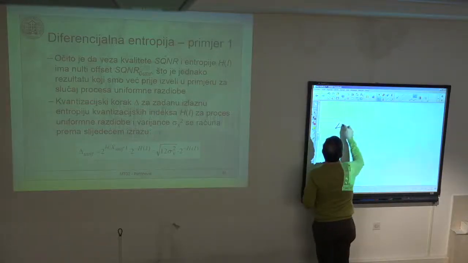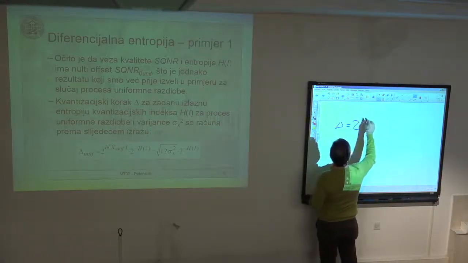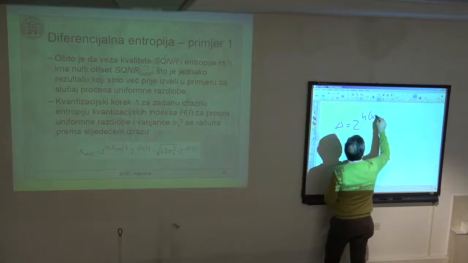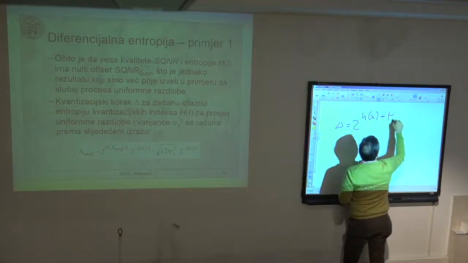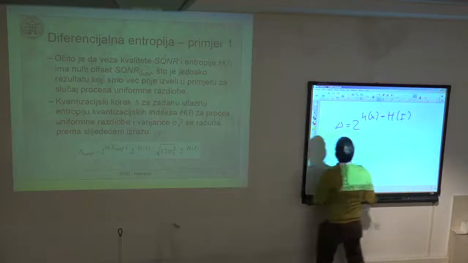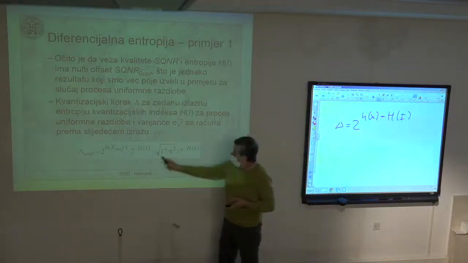The step size delta was 2 to the power of h(X) minus the entropy h(I).